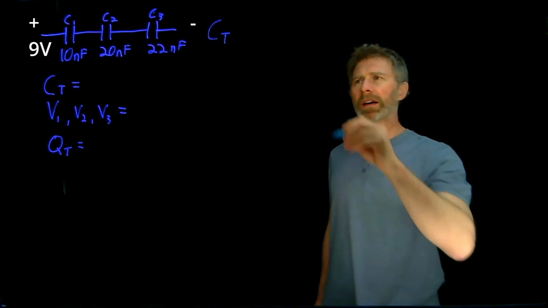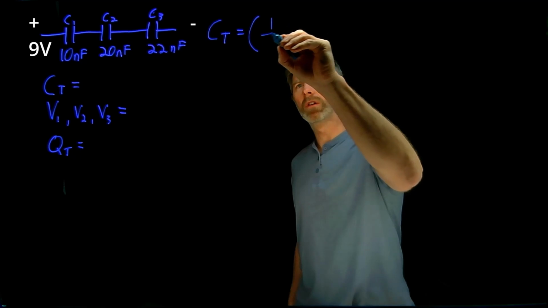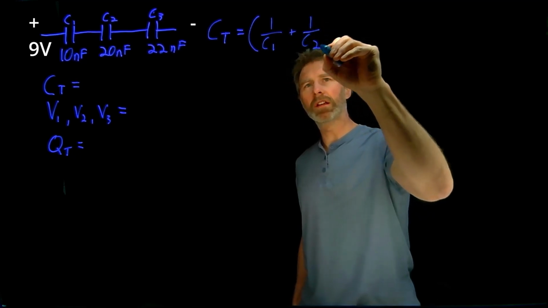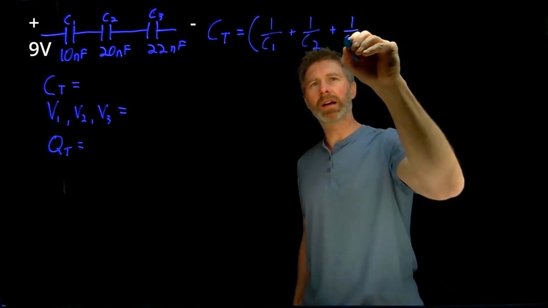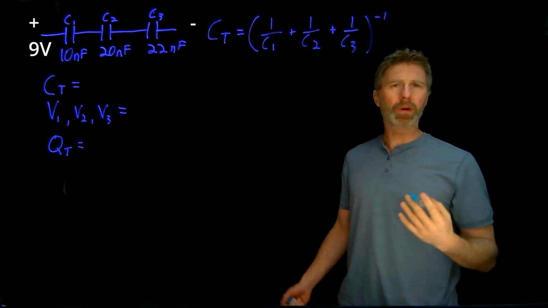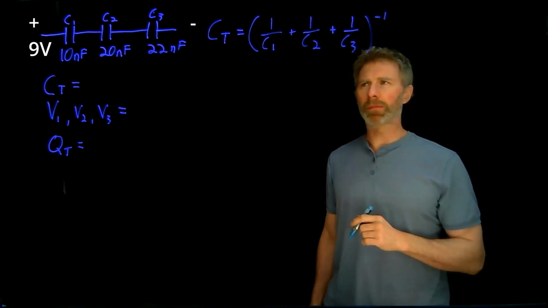When you have capacitors in series, that total capacitance is equal to the sum of the inverses of the individual capacitors taken to the power of negative 1. Or another way to put it is it's 1 over the sum of the inverses of those capacitors.